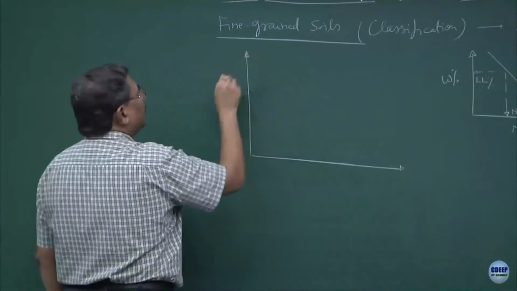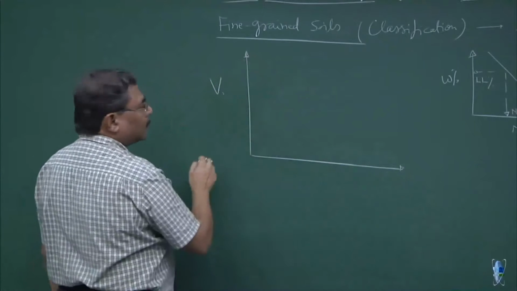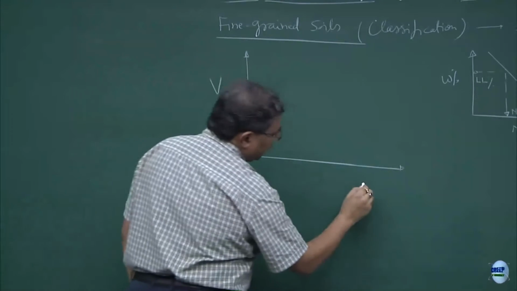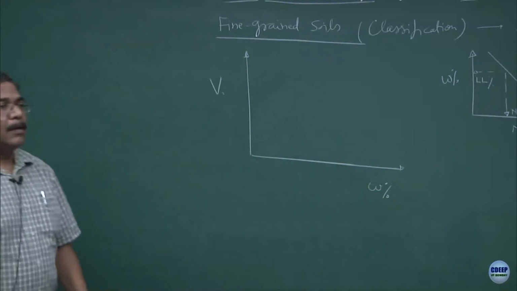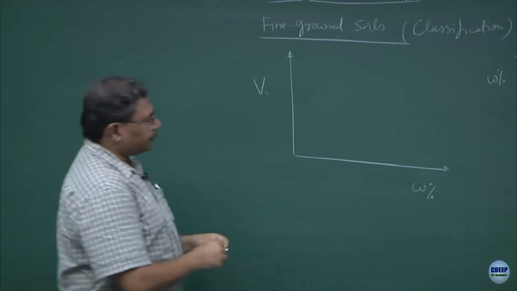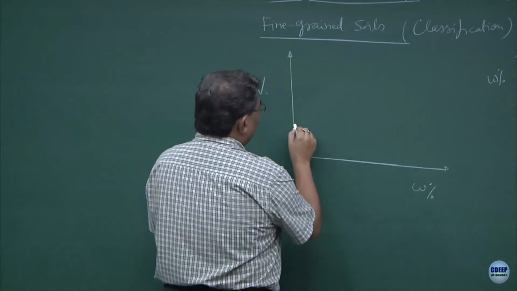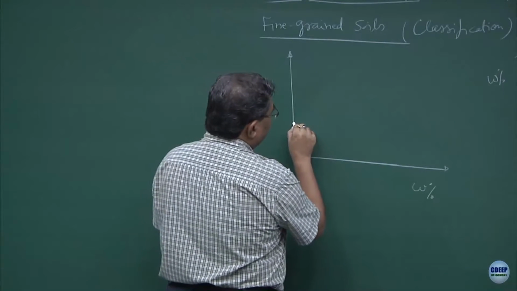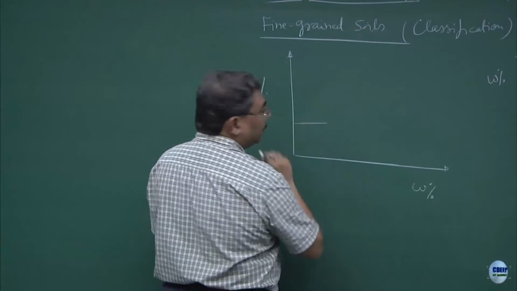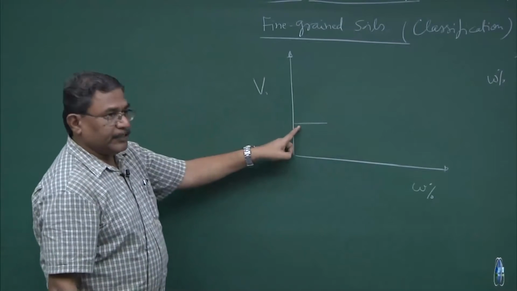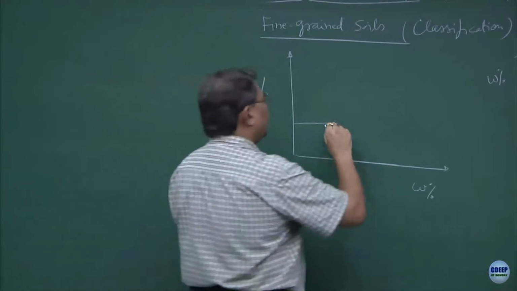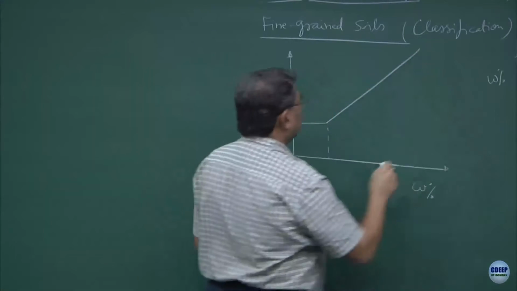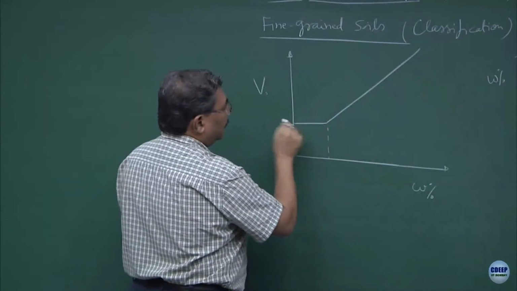If I plot total volume of the soil with respect to the moisture content, it so happens that up to a certain limit of moisture, the volume does not change, and beyond this there is a linear variation in the volume of the soil.